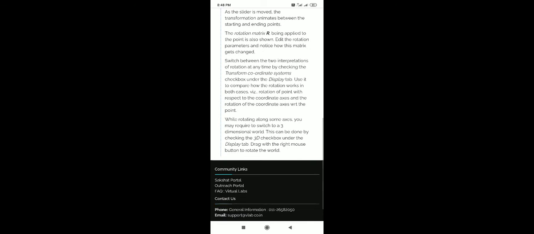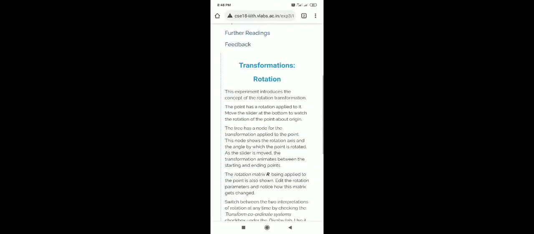While rotating along the same axis, you may require to switch to a 3-dimensional world. This can be done by clicking the 3D checkbox under the Display tab. Drag the right mouse button to rotate the world.